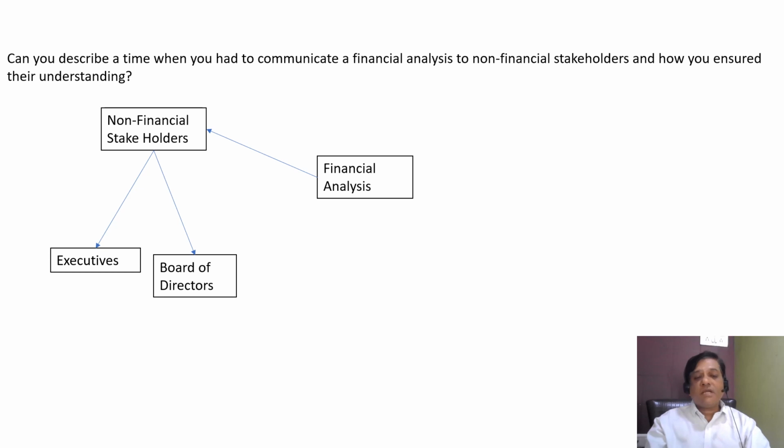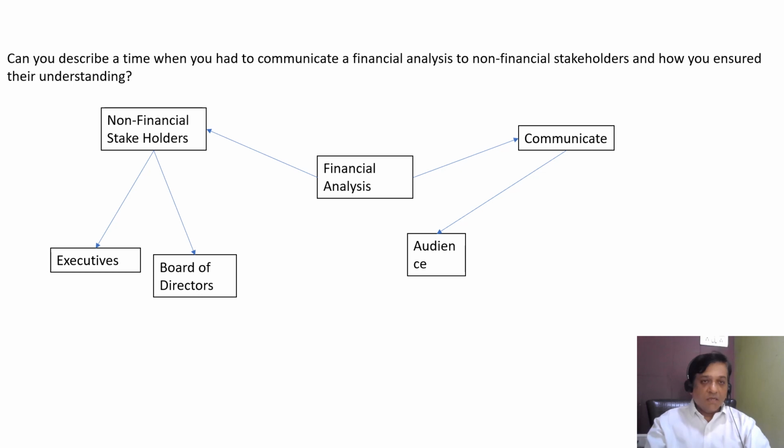So to ensure that the stakeholders understand the financial analysis of the company, following were the steps that I took to communicate that to the non-financial stakeholders. And the first one was understand the audience.